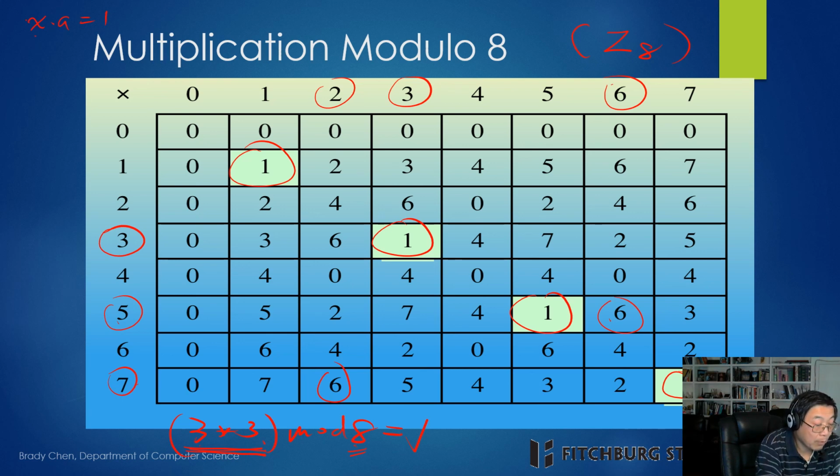We will talk about this a little bit later. You can see that the multiplicative inverse of 1 is 1 under modulo 8. The multiplicative inverse of 5 is 5. And 7 is the inverse of 7 under multiplication modulo 8.